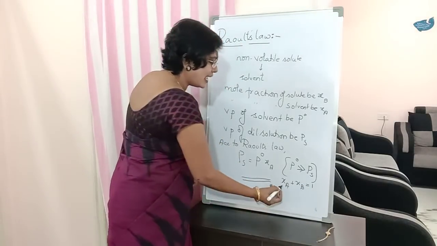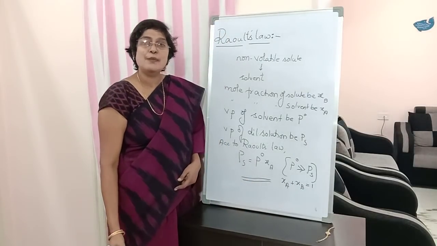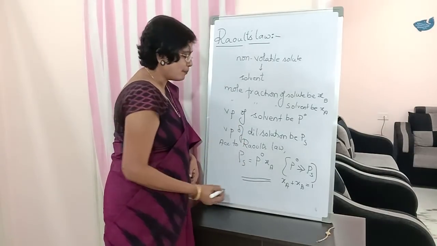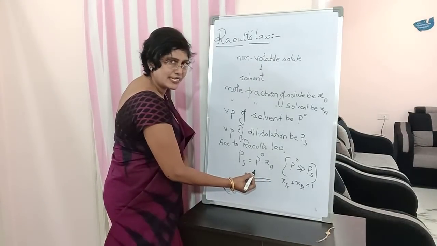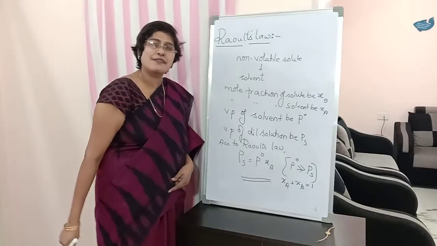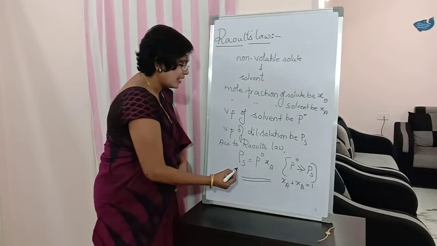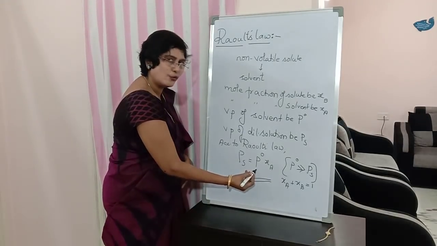That means the value of XA or XB will obviously be less than 1. For example, if P naught is 1 and XA is 0.5, then 1 into 0.5 is 0.5. So the value of PS will be 0.5, which is less than 1.